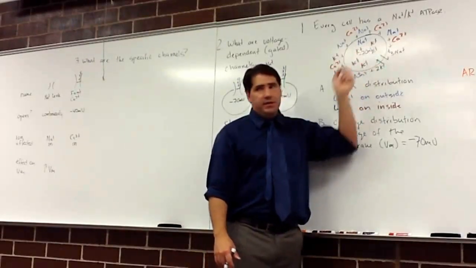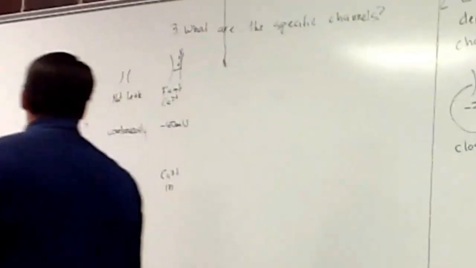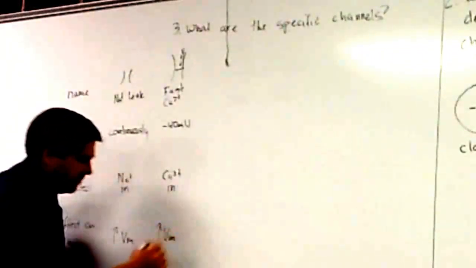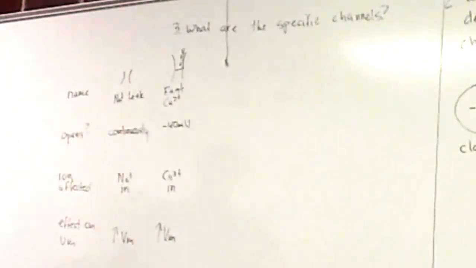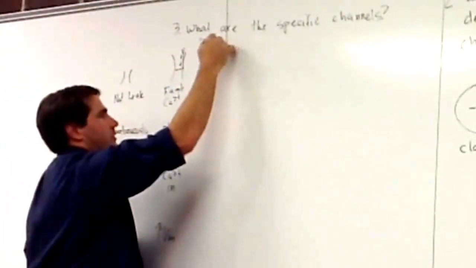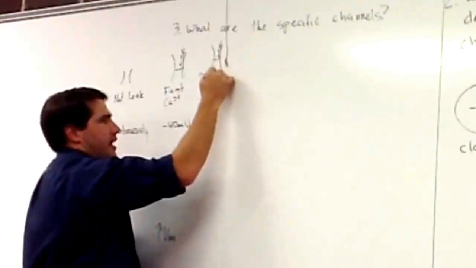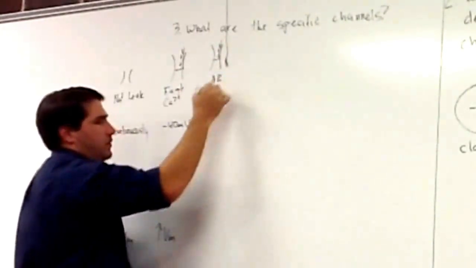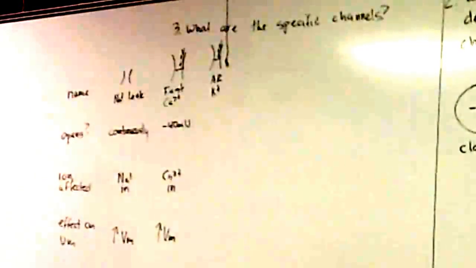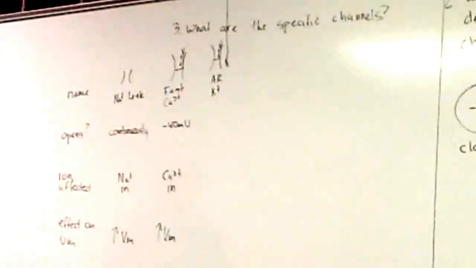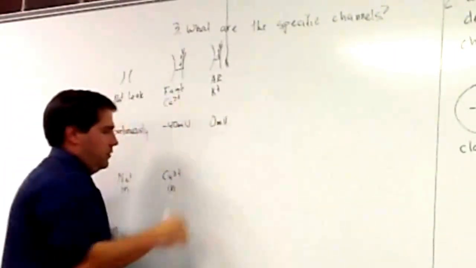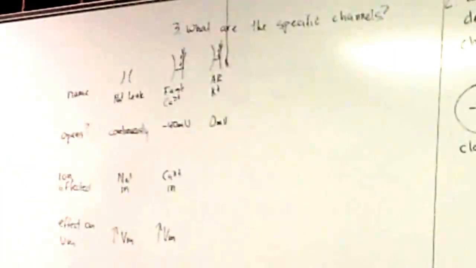It's going to take its positive charge in with it, so it's going to raise VM. The next one is, again, I just use this symbol for it's a voltage-gated channel, but this one is the AR potassium channel. So the potassium channel is in the AR cell, or autorythmic cell. It opens at 0 millivolts. It's going to let potassium out.